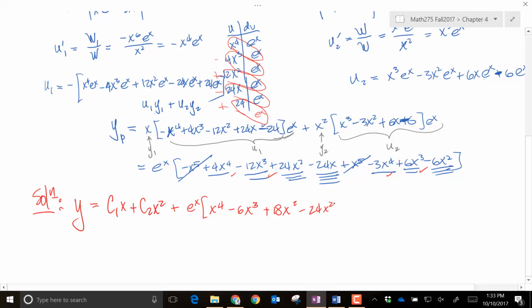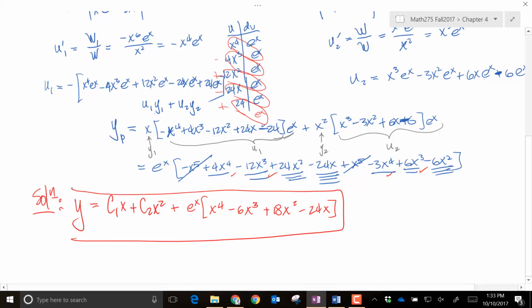Nope, x. No, it's a lot to keep track of. All right. So with this little bit of work, you could try to make your y particular a little bit simpler. Because this one had a negative in front of it, and this one didn't.